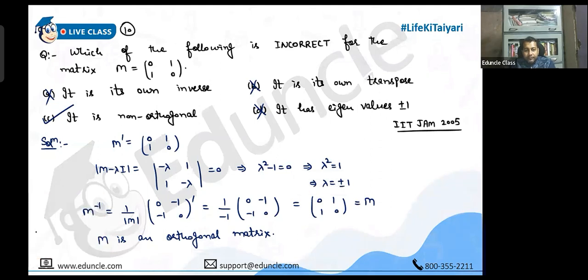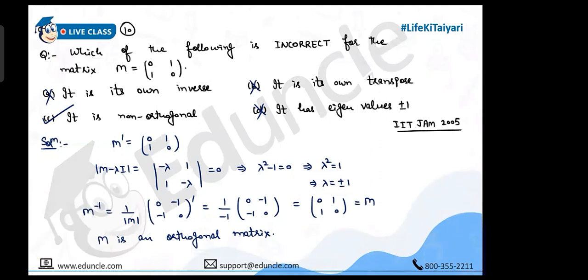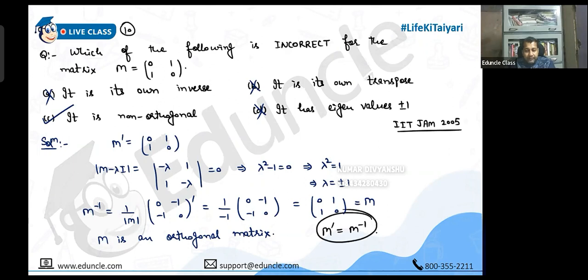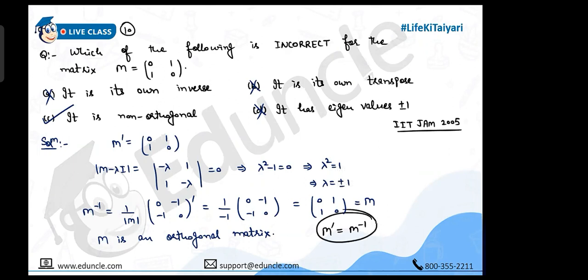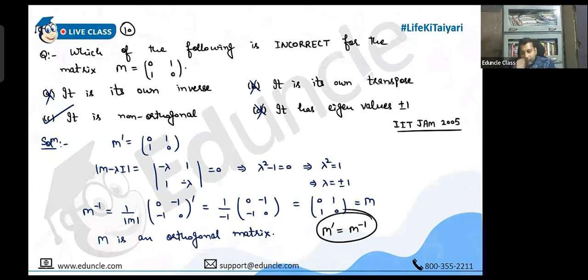Clear? What is the condition for orthogonal? A transpose A equal to identity matrix, or I can say M transpose equals M inverse. You can see M transpose is M and M inverse is also M. Both are equal, so that's why it is orthogonal.